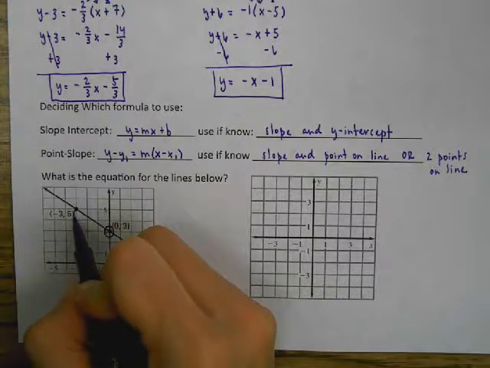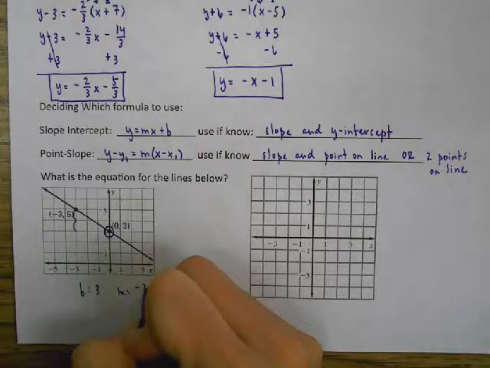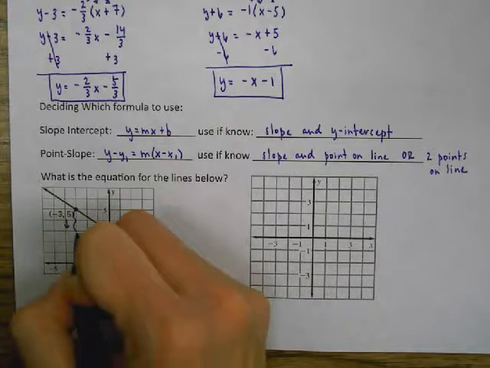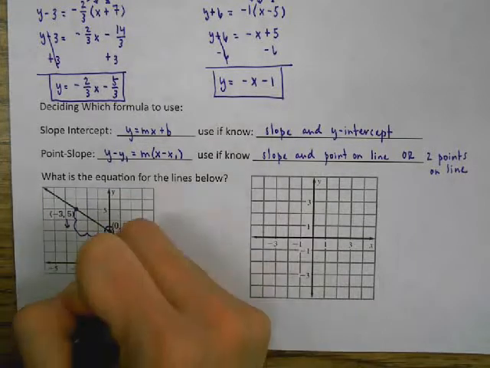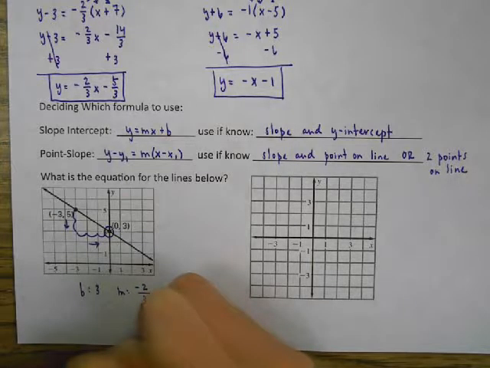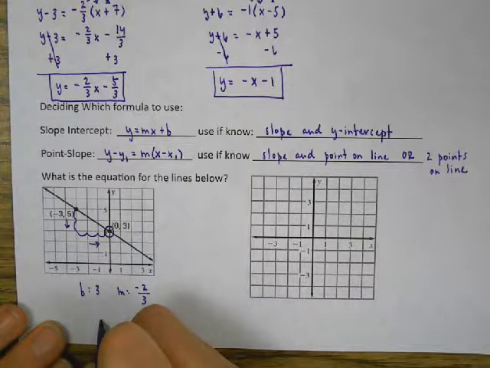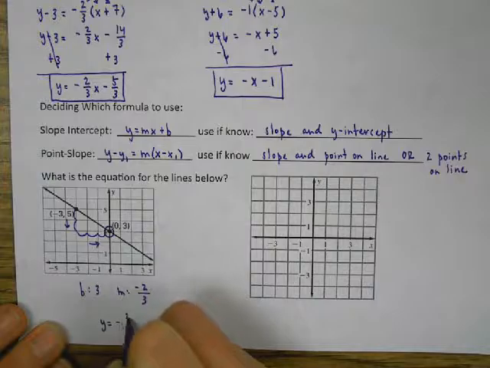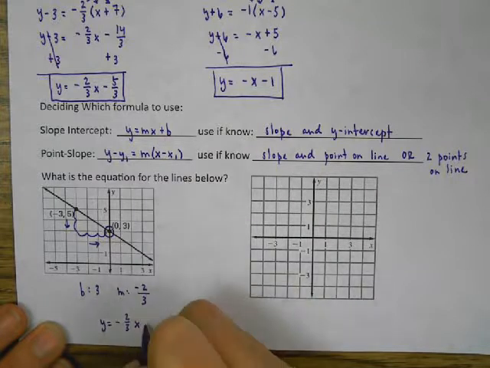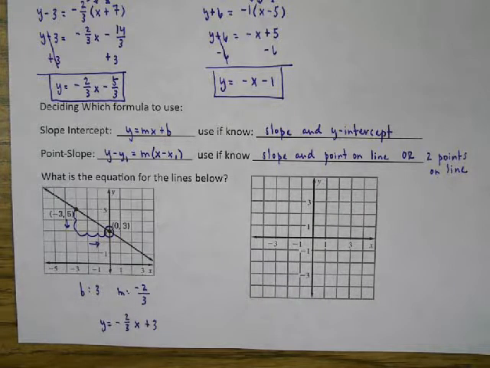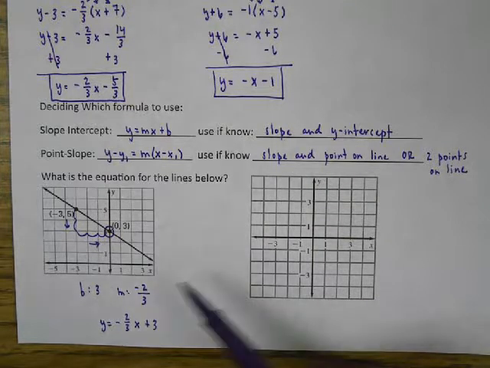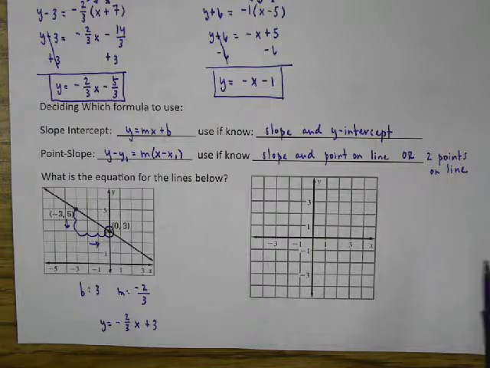My rise over run is going to be negative 2 over 3 because I'm going down 2 and over 3. So now, really quickly, I can get an equation for that line using slope-intercept form. Now, I could use point-slope form and I would get to the exact same place. It would just take a little more work.